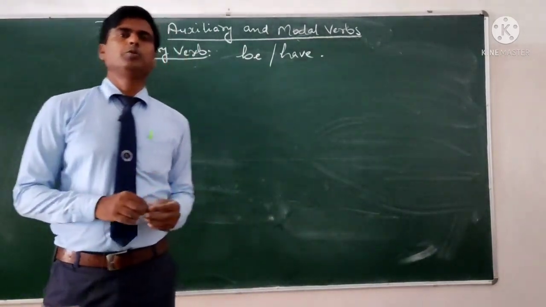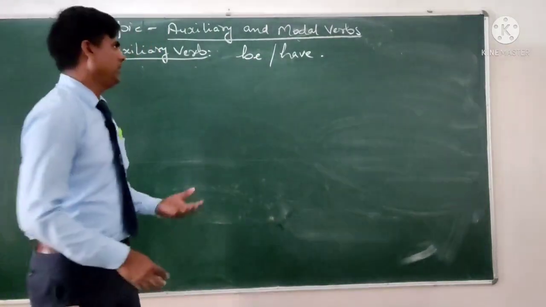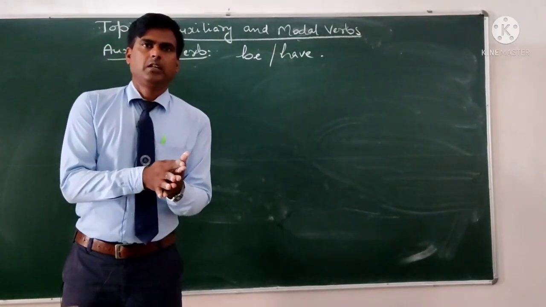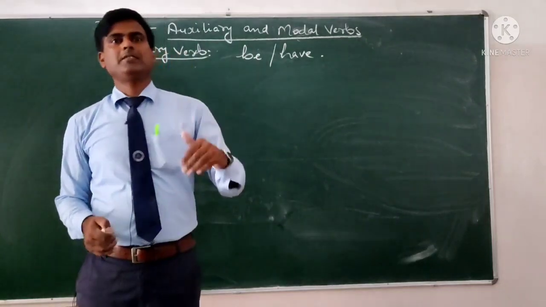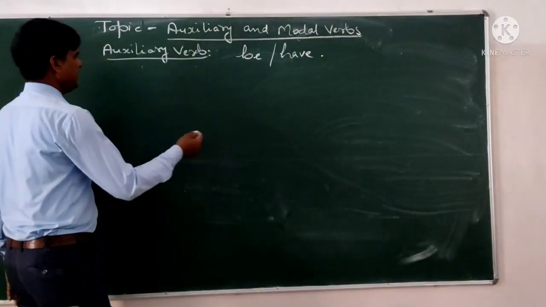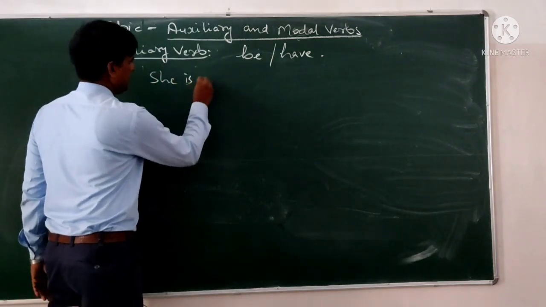Be and have are used to make the different tenses. For example, verb be and verb have are used with the main verb to make the tense. We can say that she is dancing.